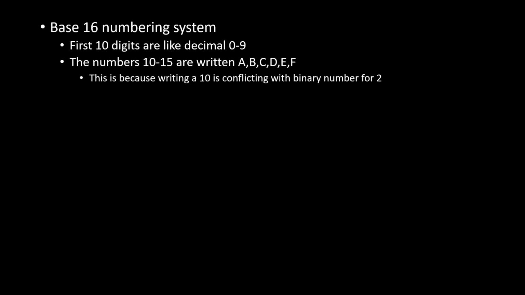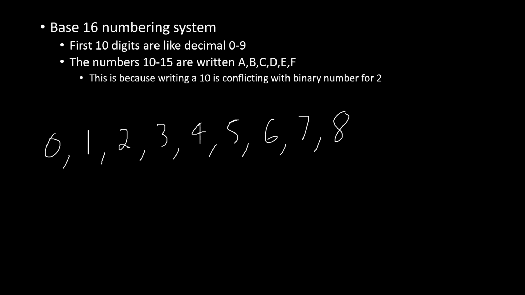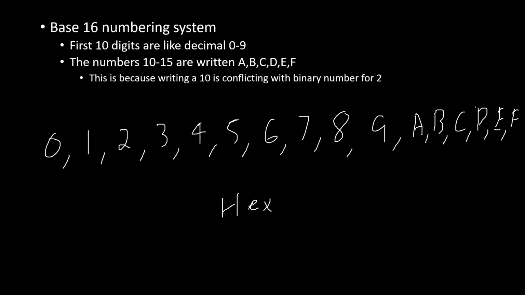So with this all being said, we get the numbers 0, 1, 2, 3, 4, 5, 6, 7, 8, 9, A, B, C, D, E, and F. And this makes up our hexadecimal or hex numbering system, which is a base 16.